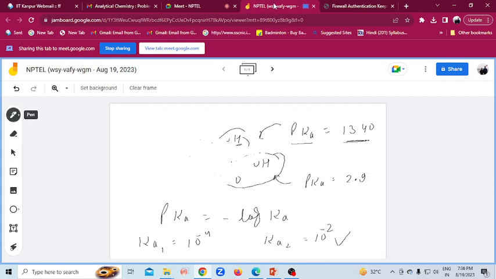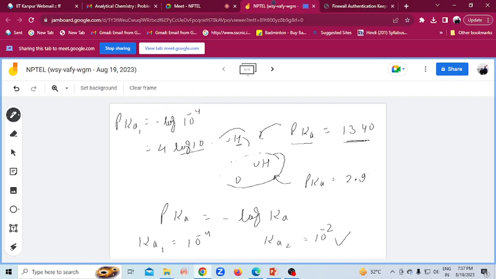Okay, so pK1, suppose first of all I will calculate pK1. It will be minus log of 10 power minus 4. I think you know about that. This minus 4 will come in front of the log, so it will be minus times minus, which is plus 4 log 10.